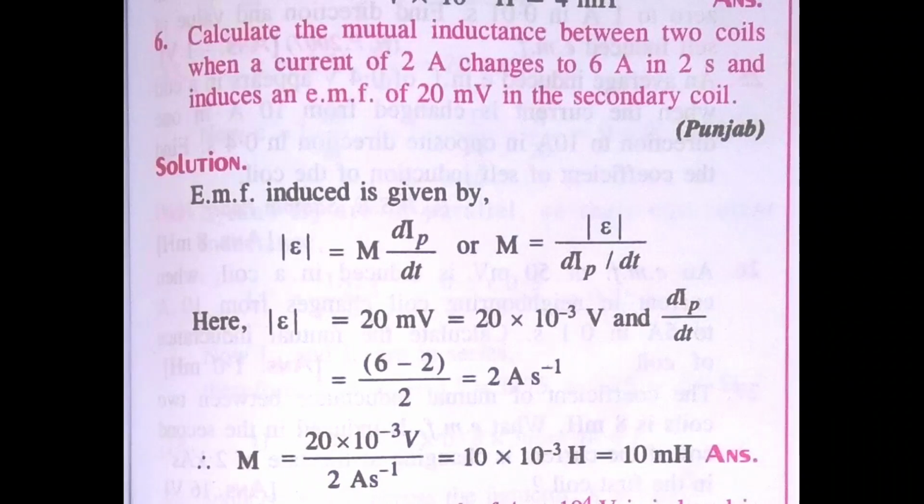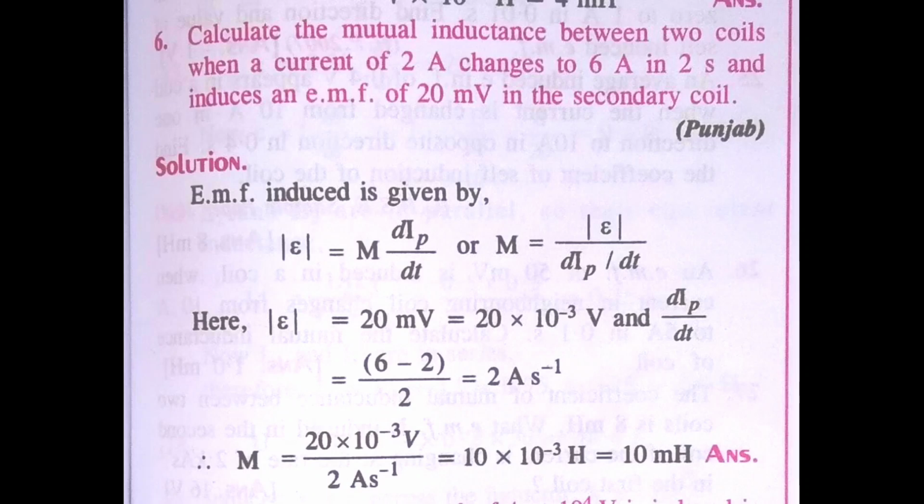We already know the formula of the EMF in terms of mutual inductance, that is epsilon is equal to M dIp divided by dt. So just rearrange this formula. We have the value of the induced EMF, 20 microvolt, convert it into volt, as micro is 10 raised to power minus 6. For dIp over dt, it is mentioned that it changes from 2 ampere to 6 ampere, so we get 6 minus 2 divided by the time in which it changes, that is 2.